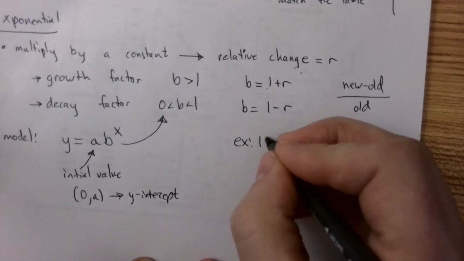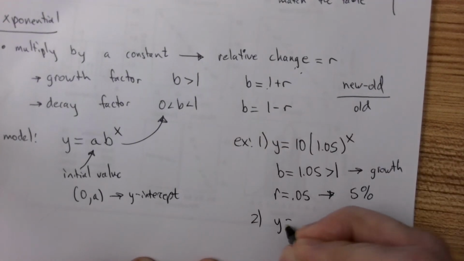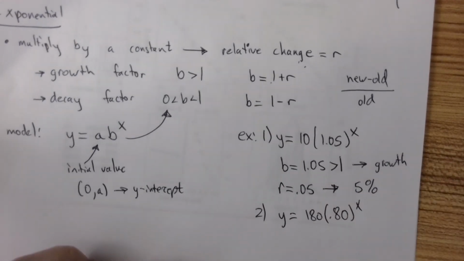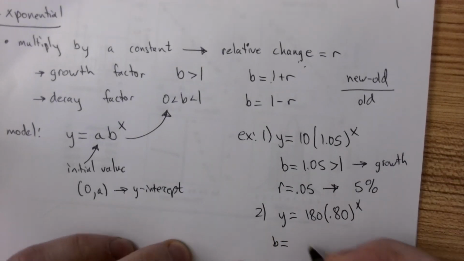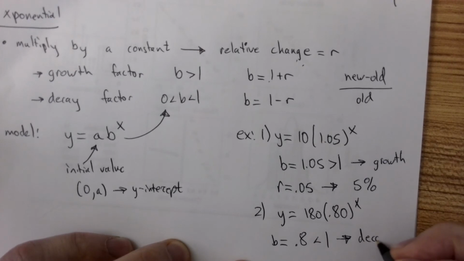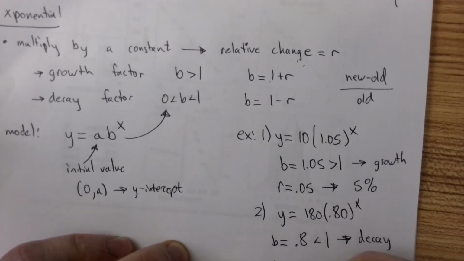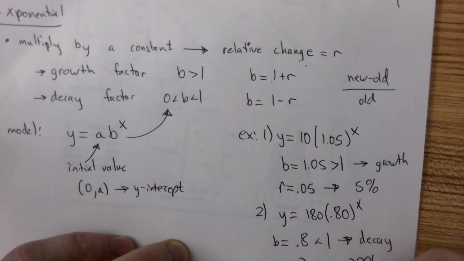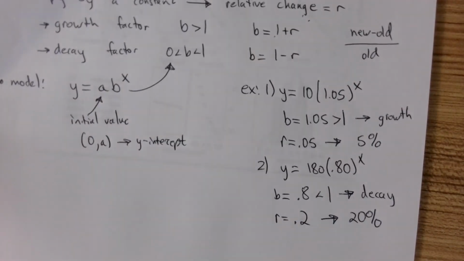Whereas the other one we used in the notes was this. Here our factor is not a growth factor, it's a decay factor because it's less than 1. This 0.8, that's our decay factor. And our r value happened to be 0.2 or a 20% decay. So if we use the word decay, we ignore the negative. Decay, we understand, is getting rid of that value.